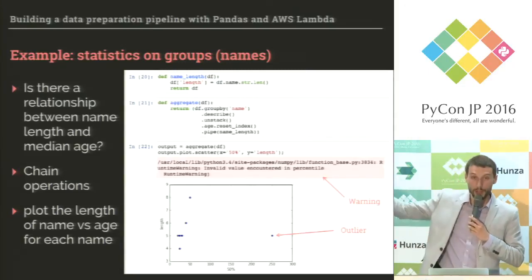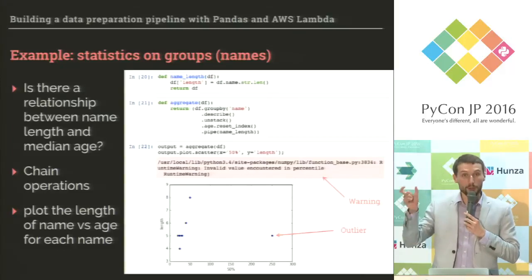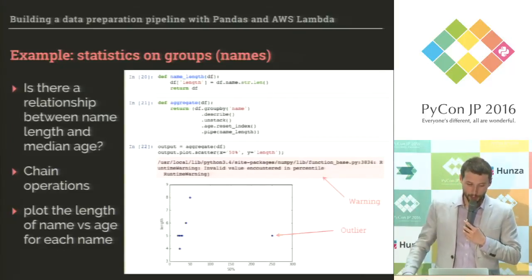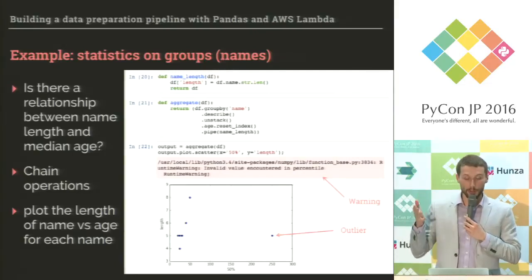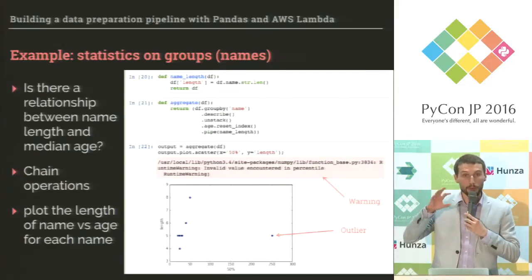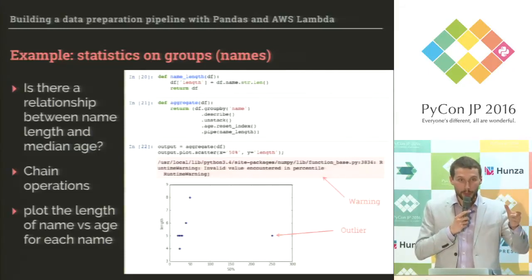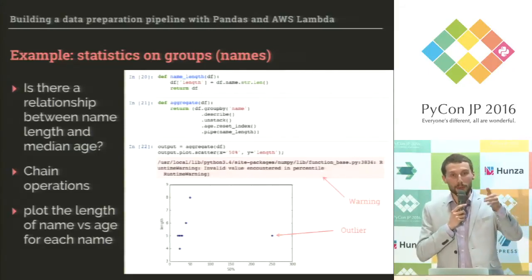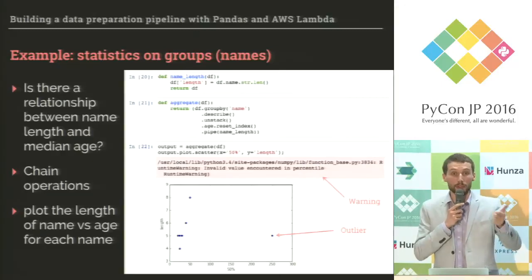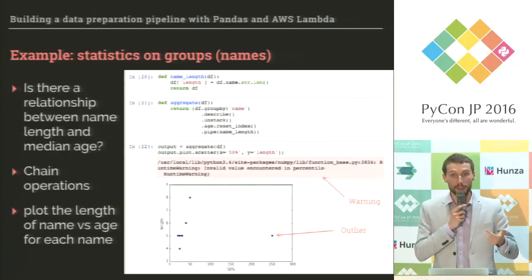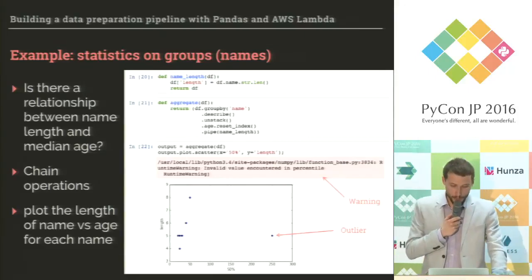I define one function that will compute the length of one element in the table, which is that name length function. And then I create an aggregate function that will group by, so take all the samples that have the same name, extract the name length, and extract different metrics on the age, like the median, the average, the maximum value, etc.